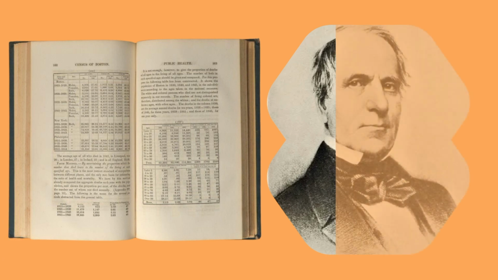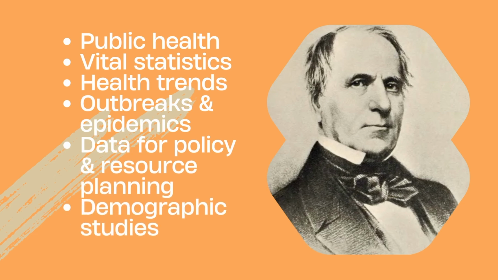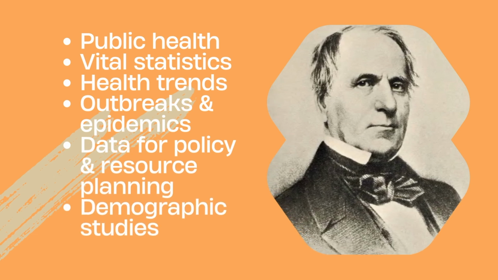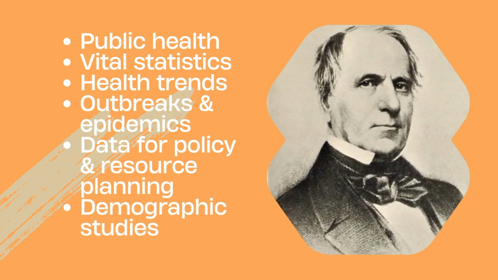The primary motivations behind including this schedule with the census were public health and vital statistics, which were of growing interest in the mid-19th century. By collecting data on deaths and causes of death, policymakers and public health officials aimed to gain insights into mortality rates, disease patterns, and health conditions in different regions of the country.